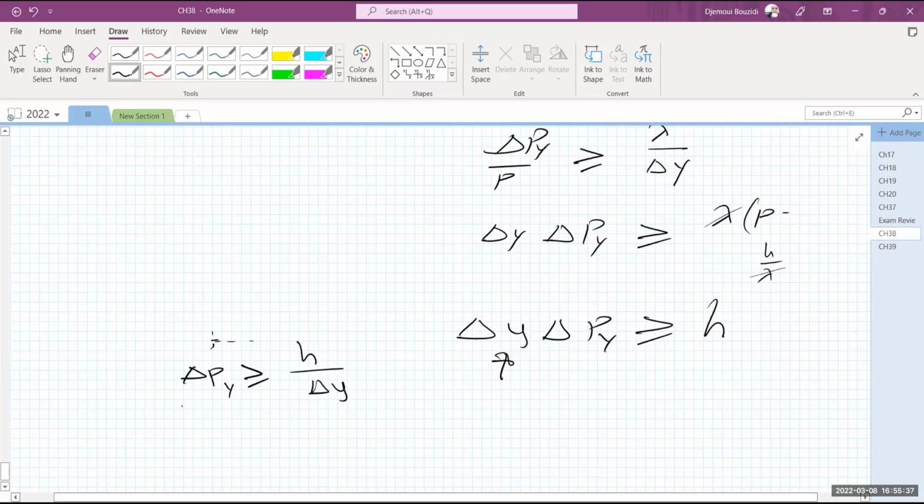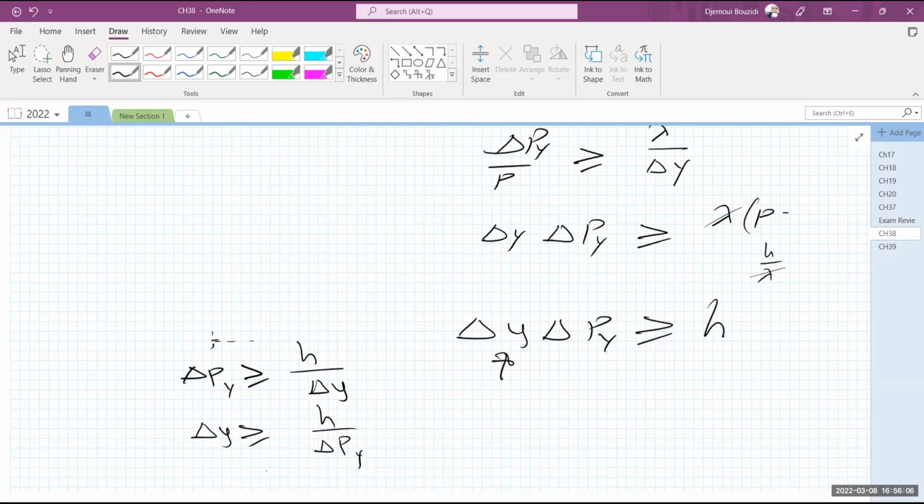So if delta y is small, delta p y is huge. And vice versa. If I make the momentum as small as possible, delta y is going to be h over delta p y. So there is an uncertainty in the position if I know the momentum, and there is an uncertainty in the momentum if I know the position. You guys understand?